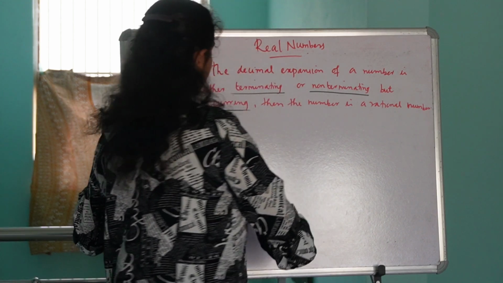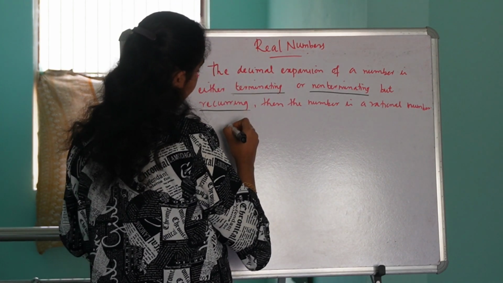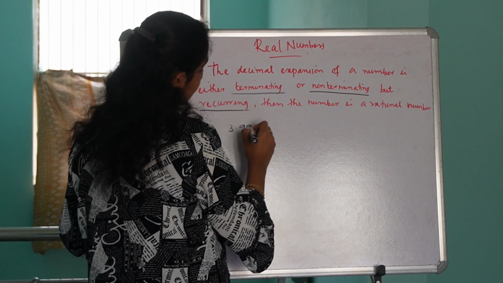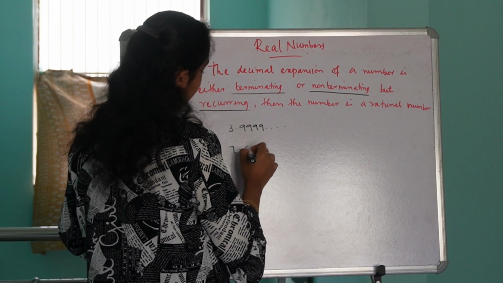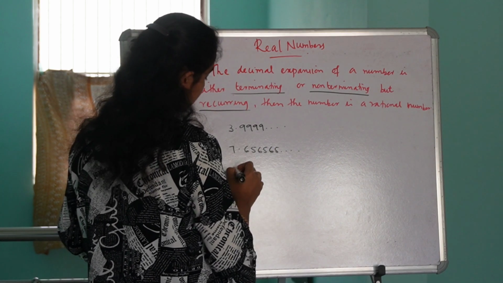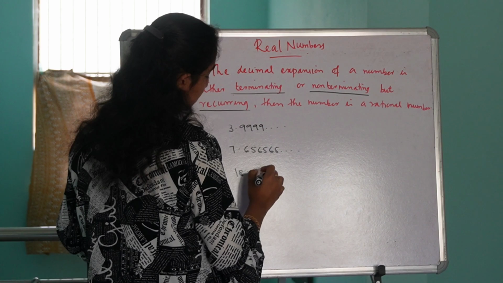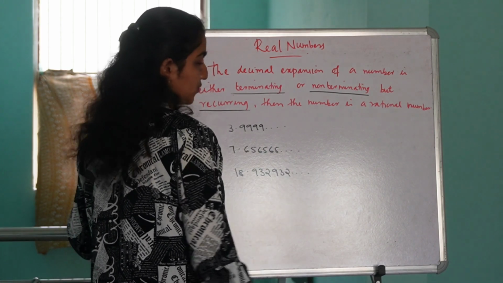Again, let me write some examples. 3.999, it goes on forever. 7.656565, it goes on. 18.932932, it goes on.